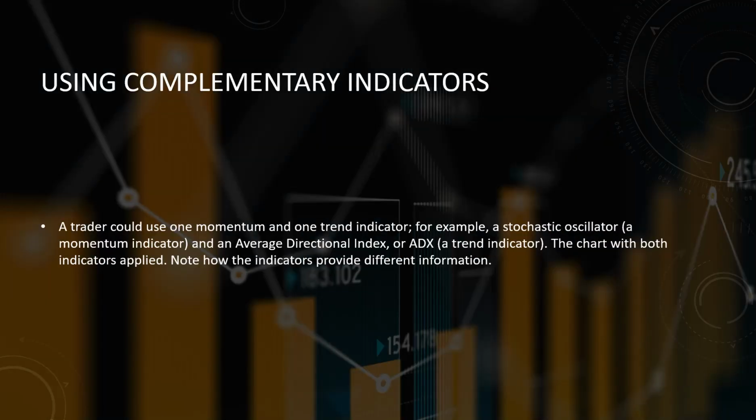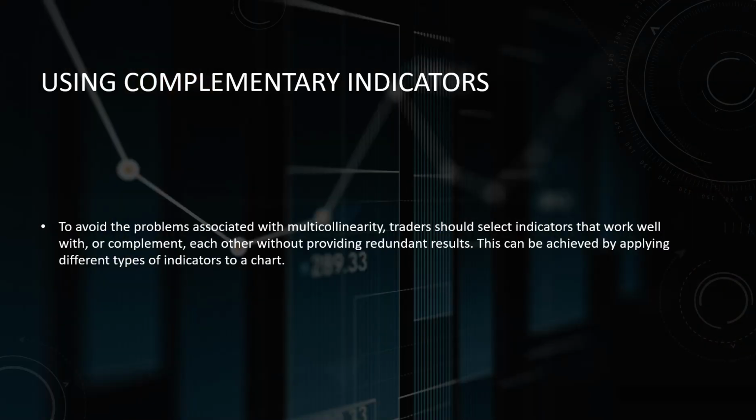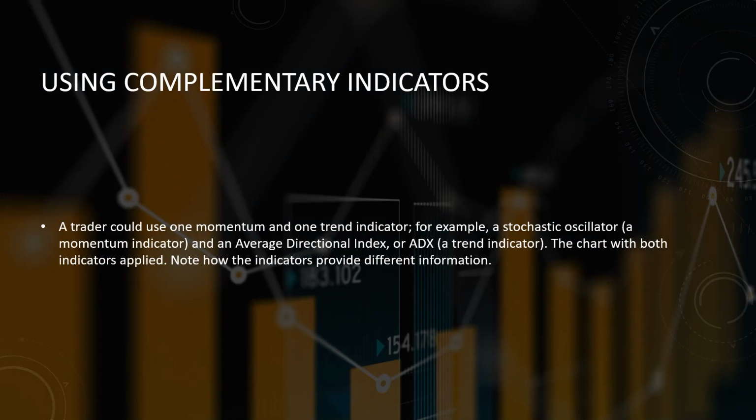To avoid the problem associated with multicollinearity, traders should select indicators that work well with or complement each other without providing redundant results. This can be achieved by applying different types of indicators to your chart. Don't worry, we're getting there.